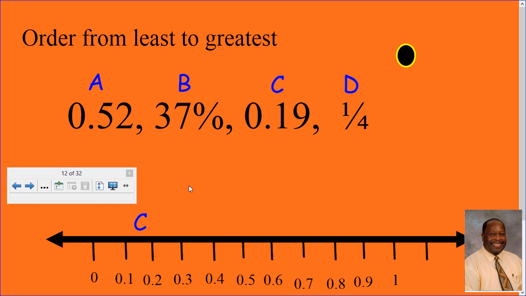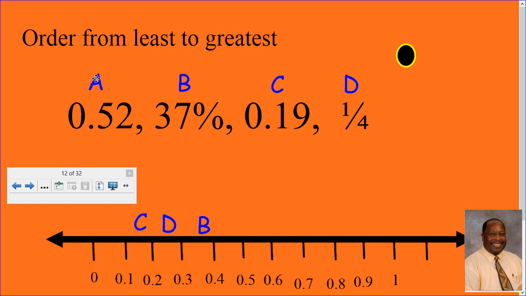The next one would be 25 cents, a quarter. So that would be the next one. And 37% is the same thing as saying 37 cents would be the next one.